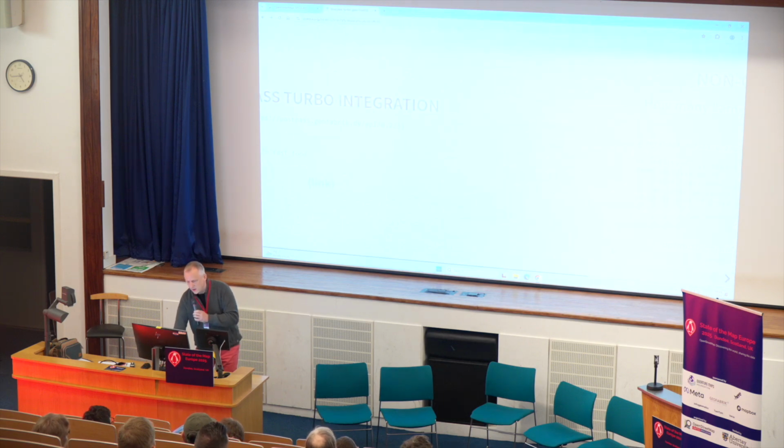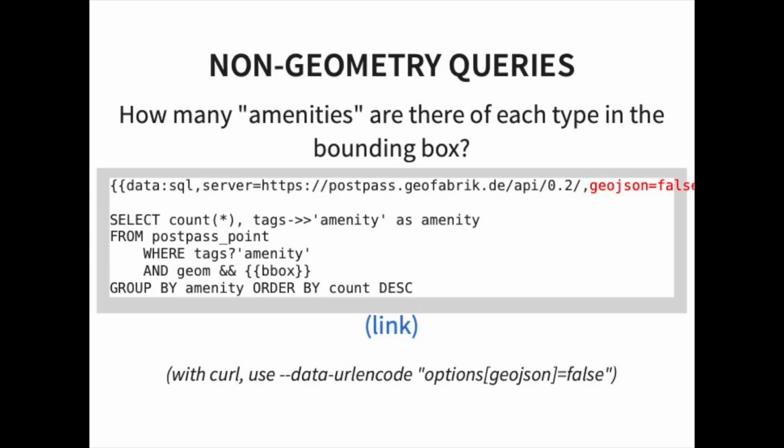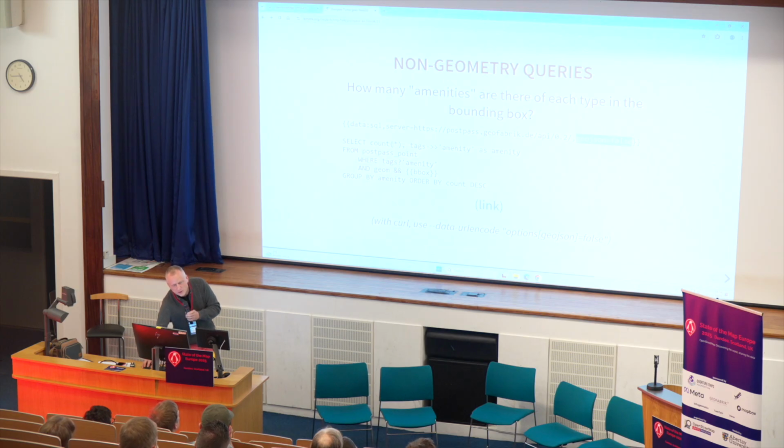Right, next example. You can do queries that do not have geometries easily in Postpass. You just have to add some information to tell it that the query that you're asking does not return a geometry. So, for example, this query counts how many of certain amenities I have in the current area.